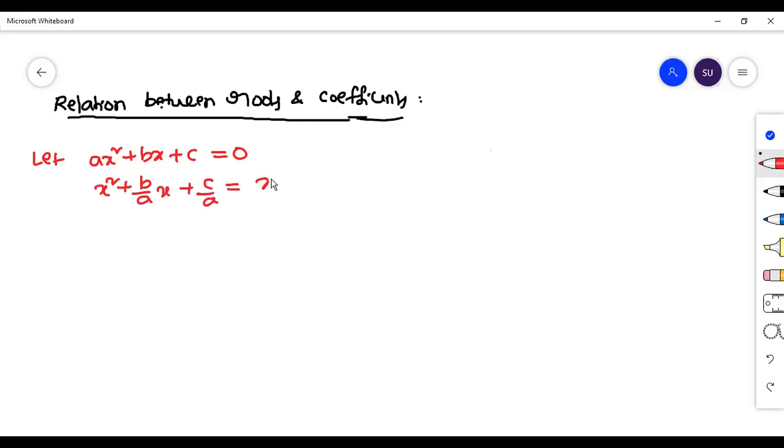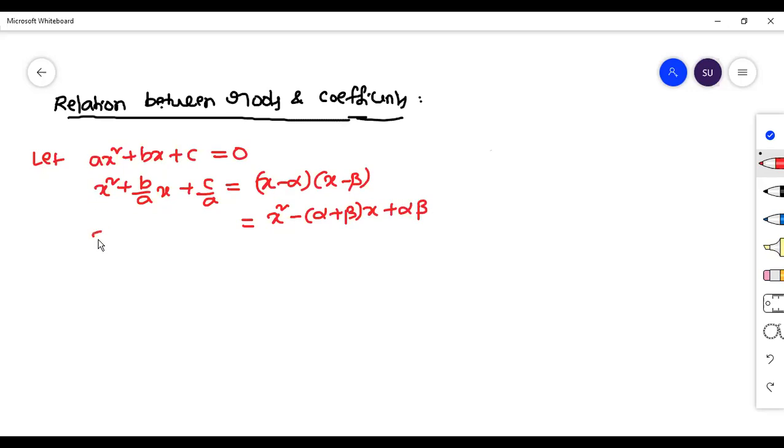Now can we write it as x minus alpha into x minus beta, as we have discussed earlier, by removing the leading coefficient? Now if you multiply this, what will we get? x square minus alpha plus beta x plus alpha beta, correct?